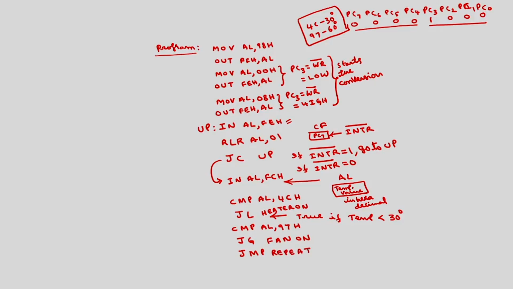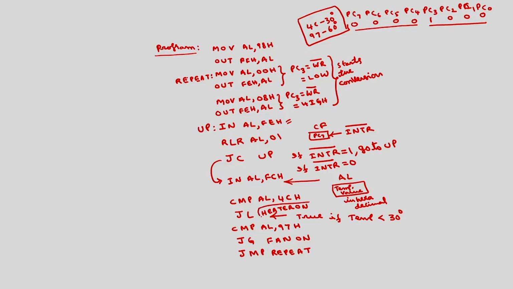Where should this repeat be? Again starting from this repeat. So, you have to continuously monitor again, start the conversion, then check the end of conversion, and the same process repeats.